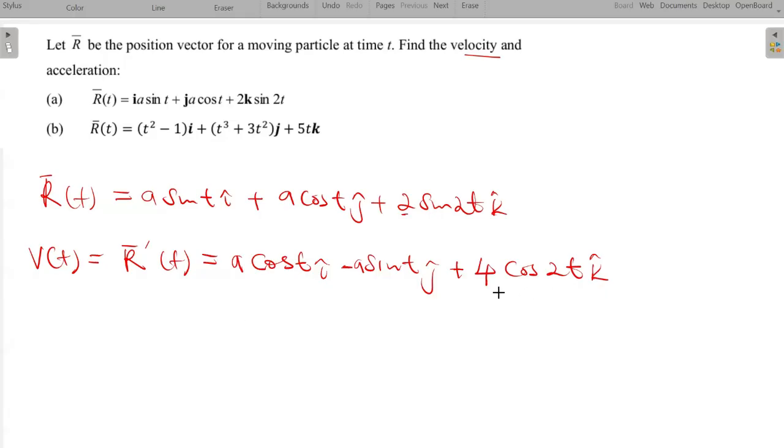So now this here is the velocity of this particle. Right, so next we get the acceleration of this particle.